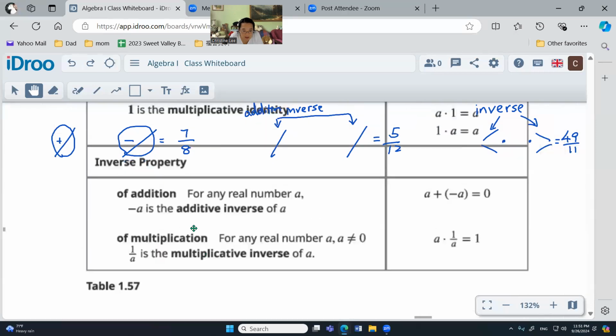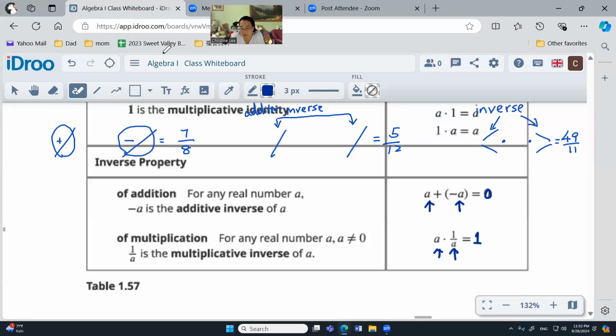You see, this is the English. The additive inverse of A will be negative A, because A and negative A add together become 0. So these two are called additive inverse because they add up to 0. And these two are called multiplicative inverse because they multiply to become 1.